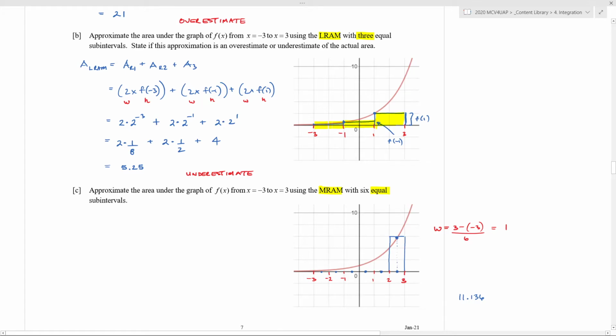So from the midpoint of each subinterval, I go up to the graph, and that's what forms the height. Okay, so this is going to be increasingly more difficult to draw here, but I think you get the idea, right?